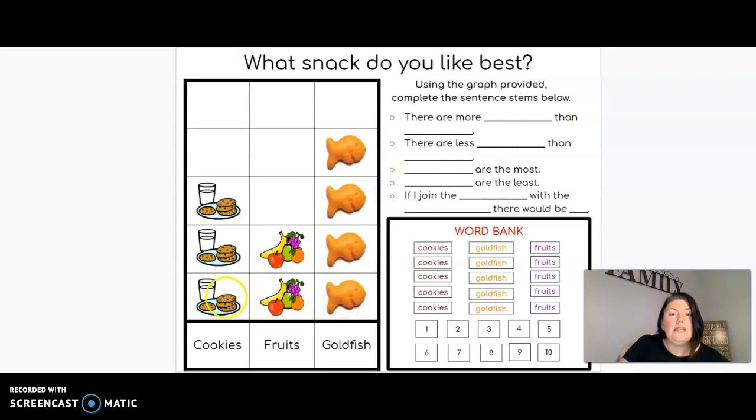But when I'm counting these from the bottom to the top, let's count to be sure. Let's count our cookies first. 1, 2, 3. And our fruits next. 1, 2. And our goldfish last. 1, 2, 3, 4.